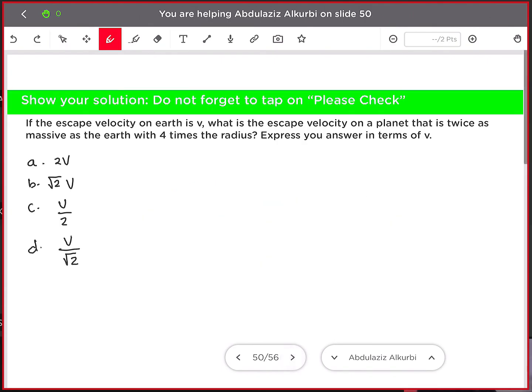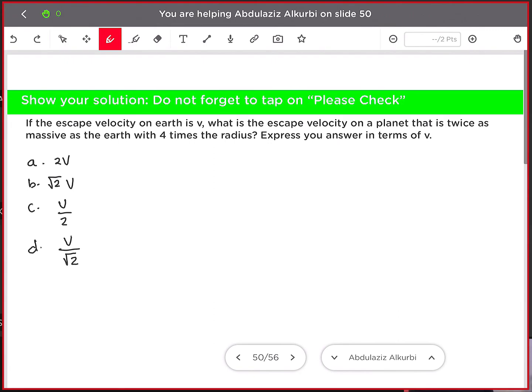Now, the problem on slide 50 reads: if the escape velocity on Earth is v, what is the escape velocity on a planet that is twice as massive as the Earth with 4 times the radius? Express your answer in terms of v.